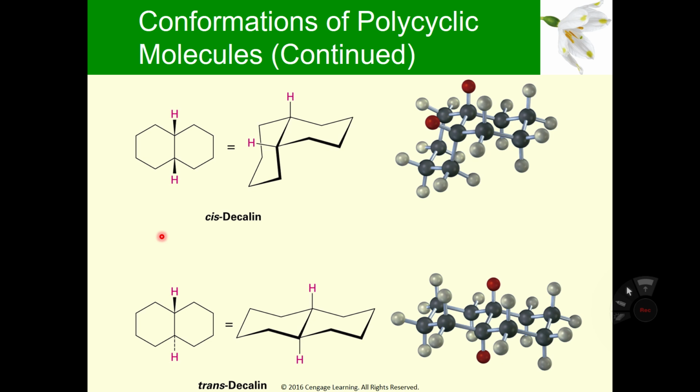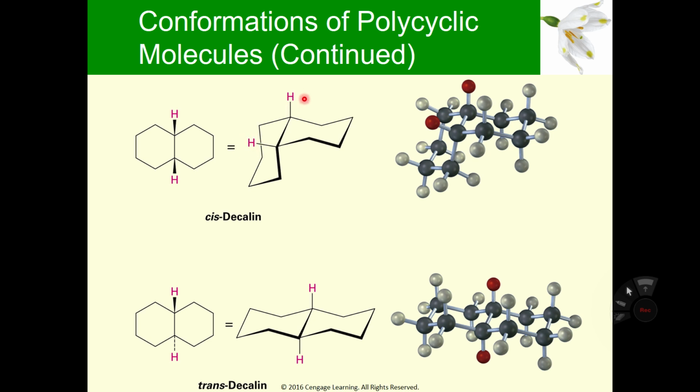Let's try to draw the three-dimensional structure of cis-decalin and trans-decalin. For cis-decalin, you have one cyclohexane ring, and these two hydrogens should be on the same side. Because they are on the same side, one hydrogen should be in an axial position. The other hydrogen should be in an equatorial position, all right?